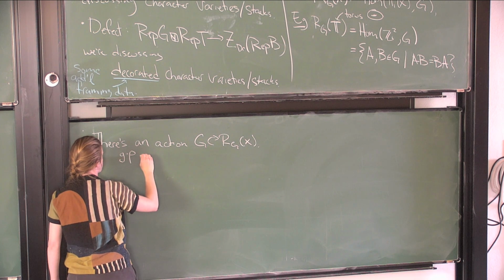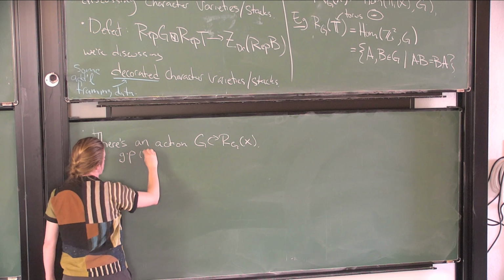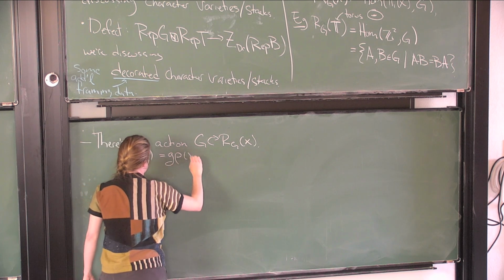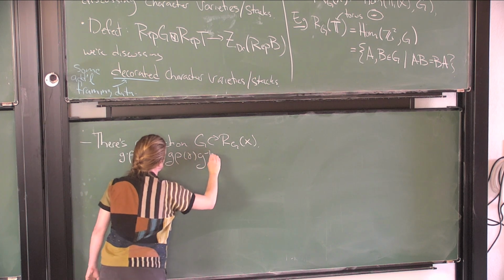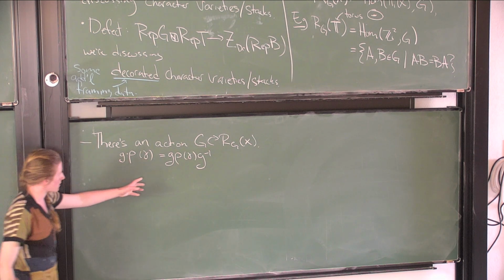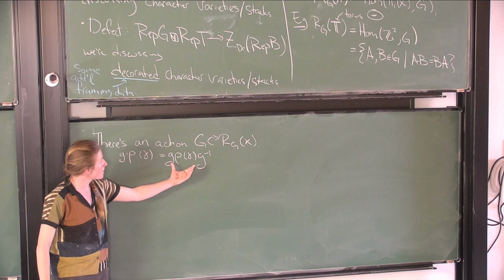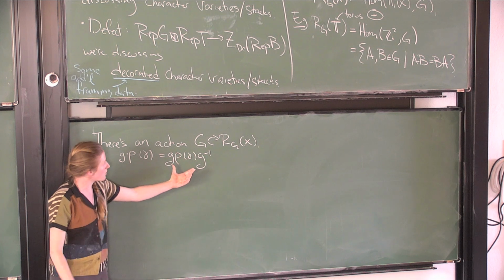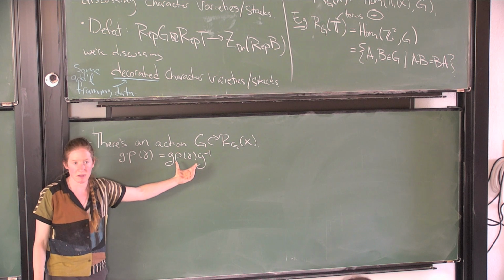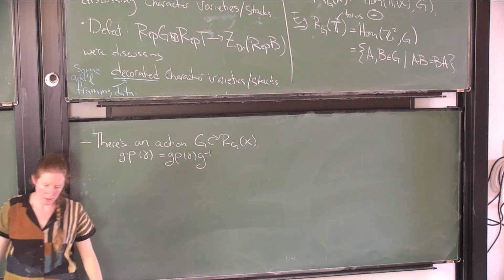Well, this will just send some element of the fundamental group to g rho g inverse. Okay. So this is an action by conjugation, and if I'm thinking of these things as eventually representations, this is like a change of basis. So it's maybe something we want to quotient out by.